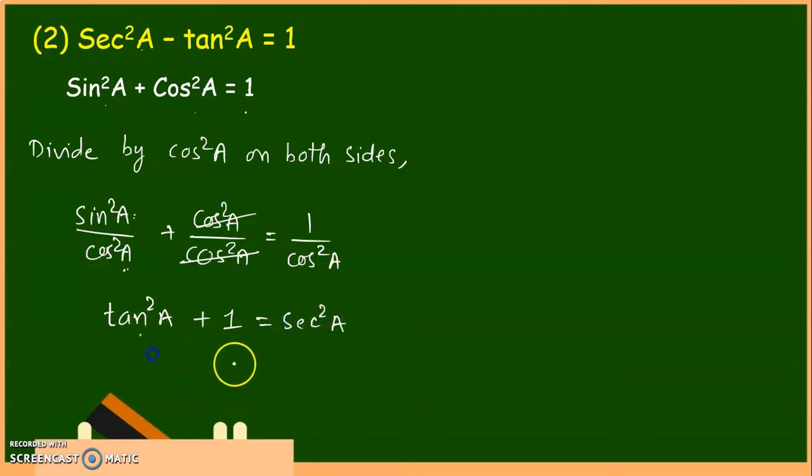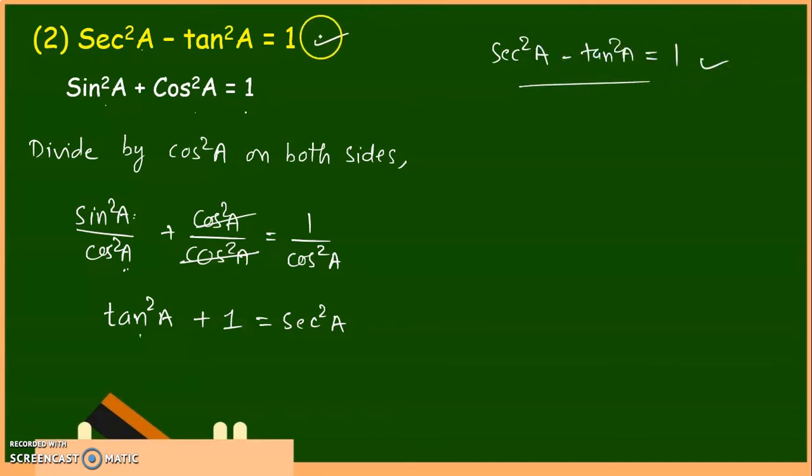Now if you take tan²A to the right-hand side, we get the required equation, sec²A − tan²A = 1. So this is how we can derive the second identity.